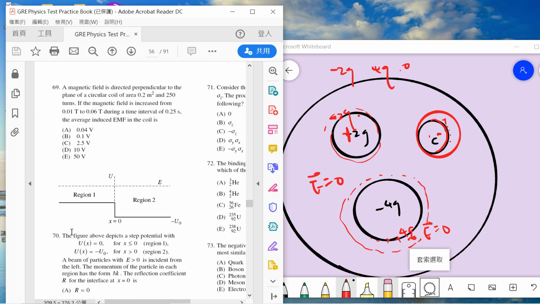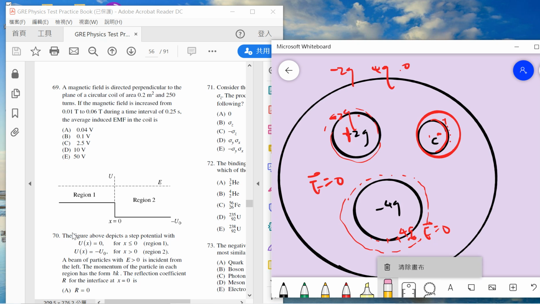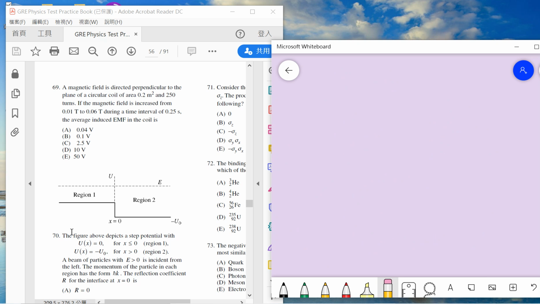Okay, the next one. The magnetic field is directly perpendicular to the plane of a circular coil of area A. You have the area and the number of turns, and they ask about the electromotive force. Basically, the EMF is the change of flux divided by time.